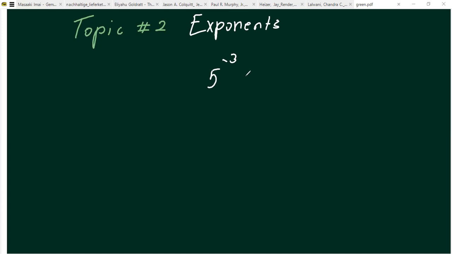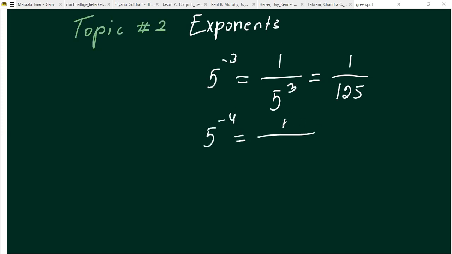So this expression equals 1 divided by 5 with exponent positive 3, which equals 1 divided by 125. Or 5 with exponent negative 4 equals 1 divided by 5 with exponent positive 4, which equals 1 divided by 625.